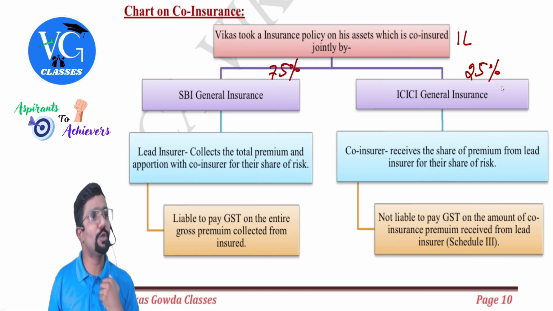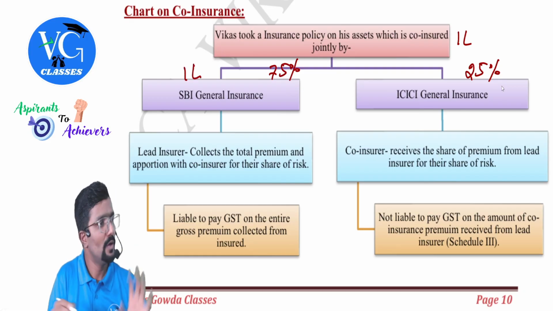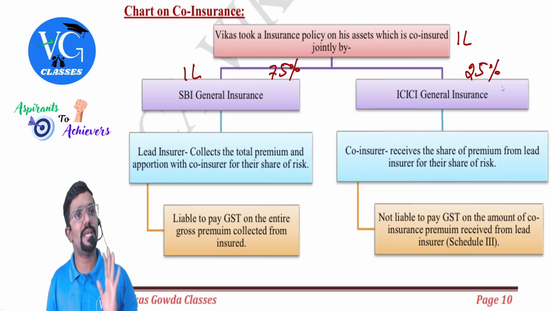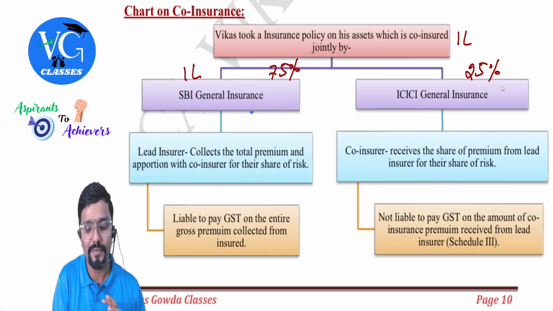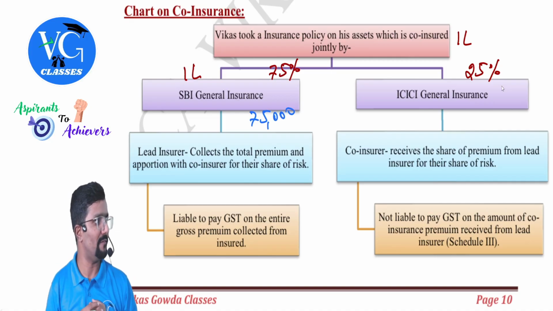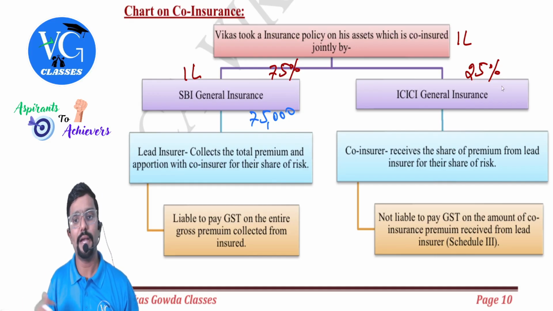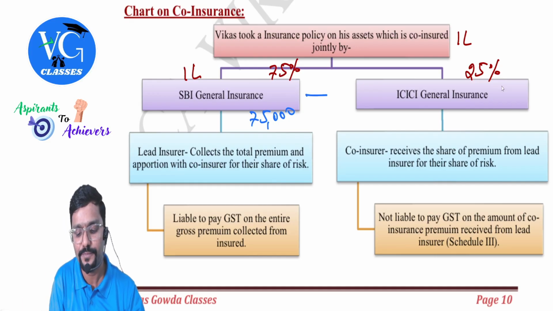Now I have paid 1 lakh to whom, people? SBI. I will pay the entire amount, 1 lakh, to SBI. Now how much will SBI retain? They will retain 75,000, correct? For their share, how much is the premium? 75. They will collect the full 1 lakh from me and give 25,000 to whom, people?